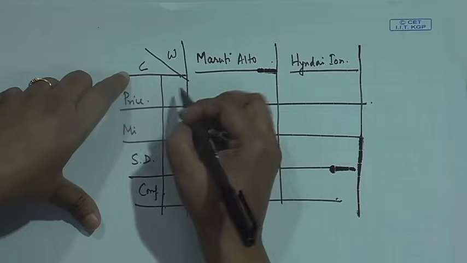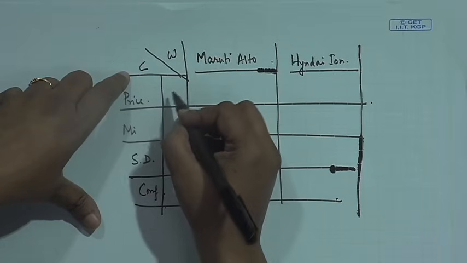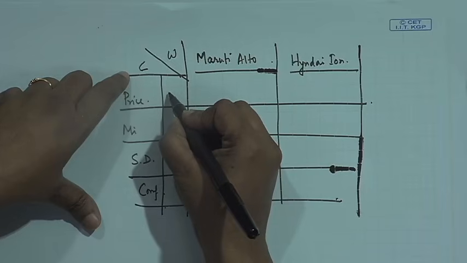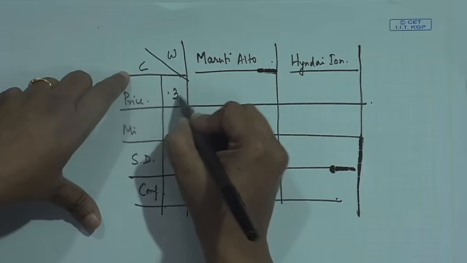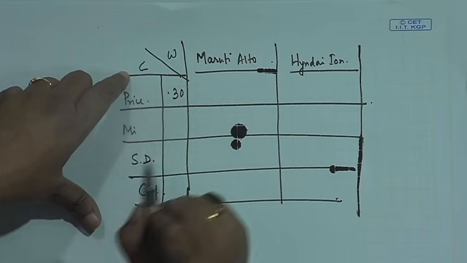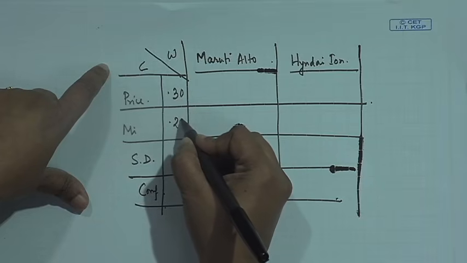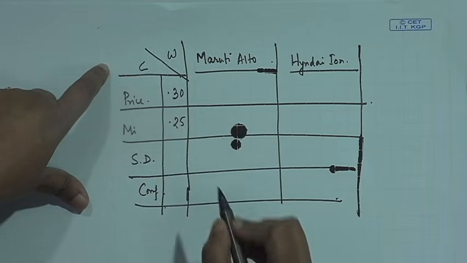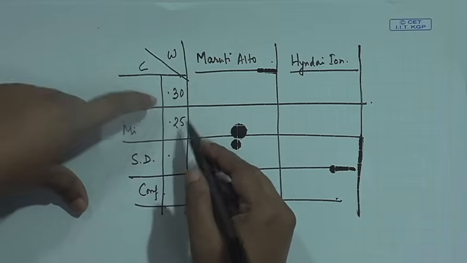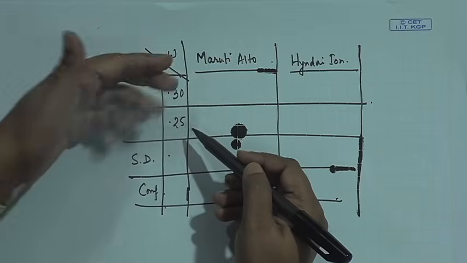Now I ask the customer which attribute he will give more weightage. For example, if some customer has more weightage for price, maybe he gives 30% weightage to price. Then maybe the second most important criterion is mileage, to which he gives 25%.